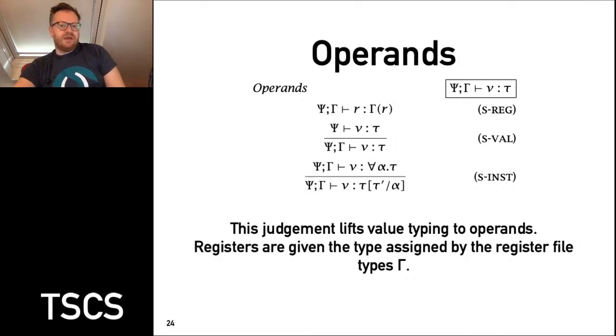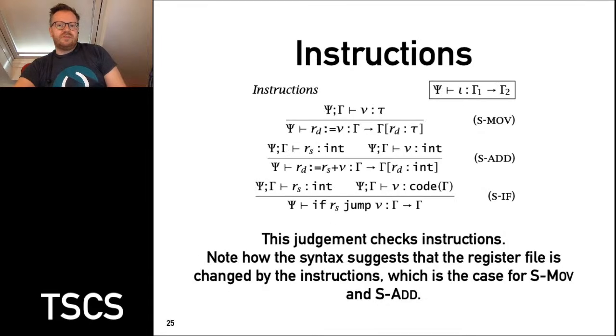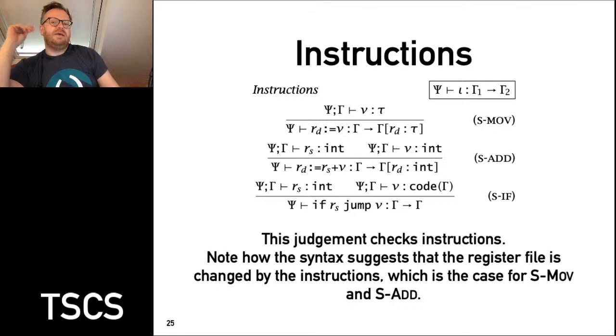Registers are given the type assigned by the register file, that is Γ. Pretty straightforward. Then you have instruction typing. Instruction typing is that you have an I that goes from Γ1 to Γ2, because instructions change the register. They do not change the heap. As you can see, that means we can use Ψ on the left side.